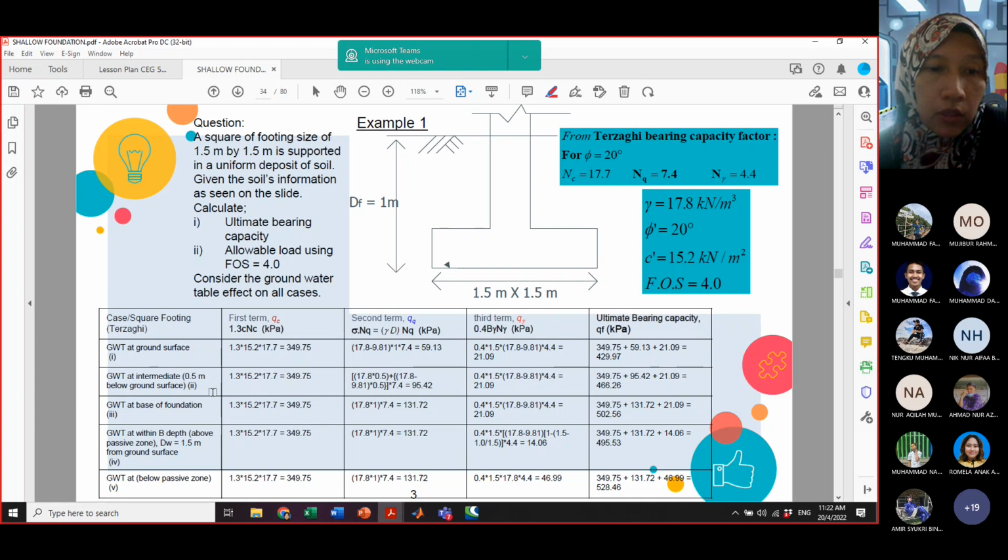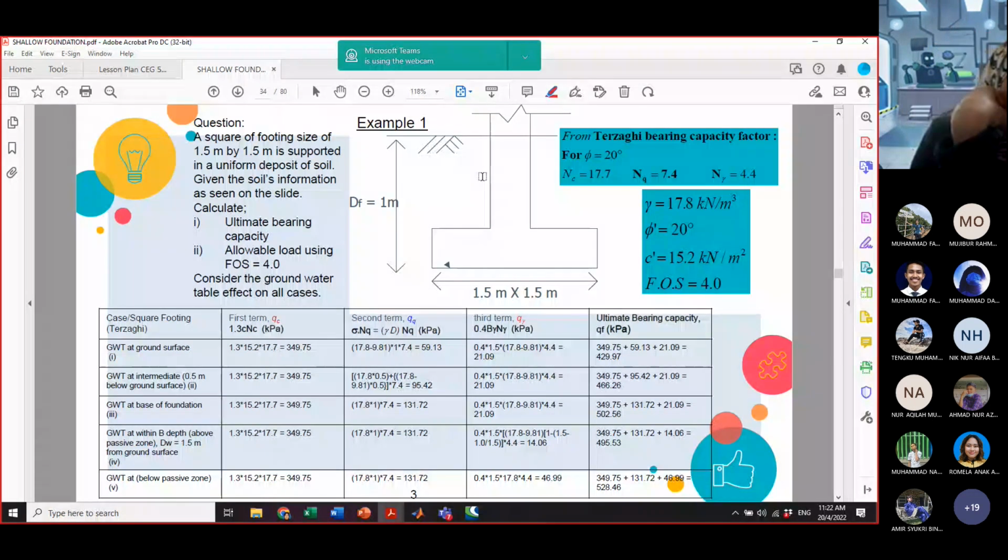Okay, kemudian untuk case number 2, yang mana water table berada 0.5 meter from ground surface. So in this particular condition, you akan nampak term number 1 dia tak ada effect. Sebab apa? Dia tak ada effect unit weight. So kita boleh maintain carry the same value from above. Tapi untuk term number 2, sebabkan sekarang dia dah berbeza condition.